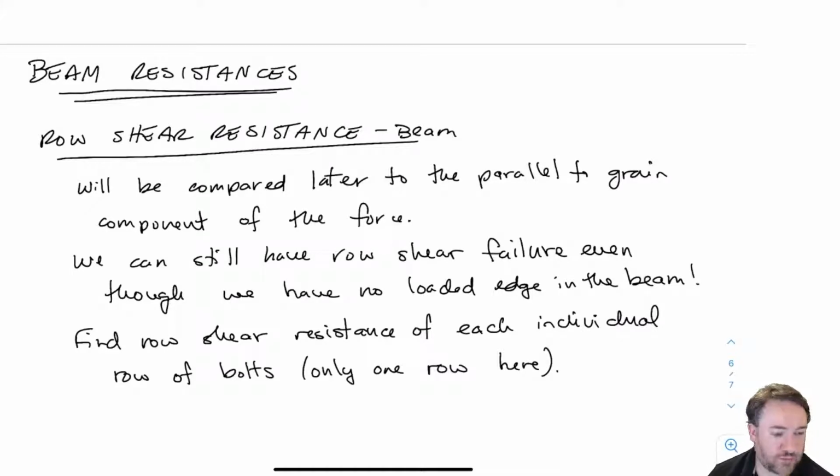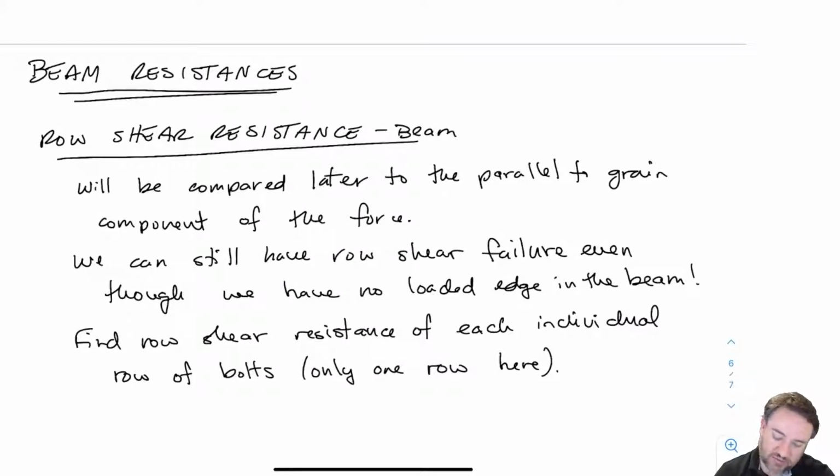When we do our parallel to grain resistance checks, like the row shear resistance or the net tension resistance, we will be checking those against the parallel to grain component of the force, and vice versa for the perpendicular to grain resistances, which we'll check against the perpendicular to grain component of the force at the very end. Of course, there's also going to be an interaction between those two, which we will check against the total load NF, but we're going to do that later. For right now, we're just checking all the resistances.